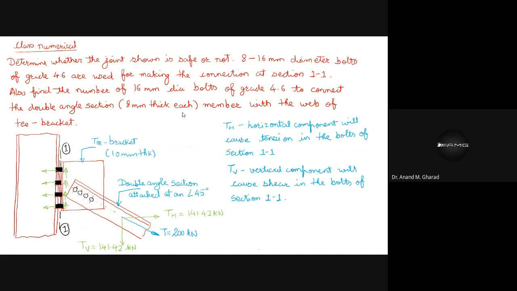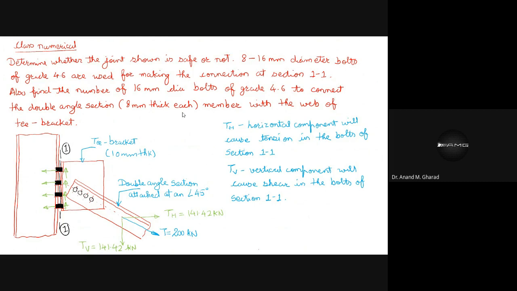Because few numerical problems may be related to only some calculation purpose, like efficiency or capacity checking, etc. In case of a design numerical, then you are free to assume many more parameters. Okay, because design is such a thing that it will depend on your understanding, how much you have understood about the problem, and based on that you will apply your knowledge and try to identify the unknown parameters. Okay, but for few cases wherein everything is given, you are supposed to stick to those values.